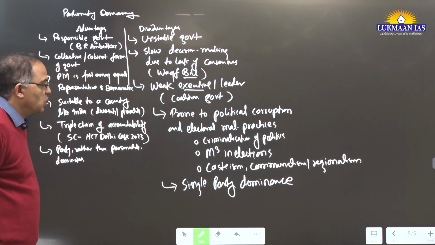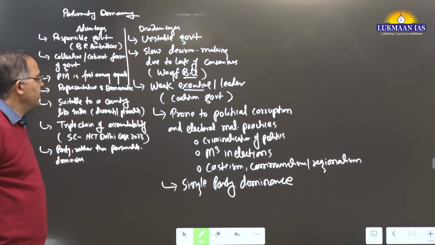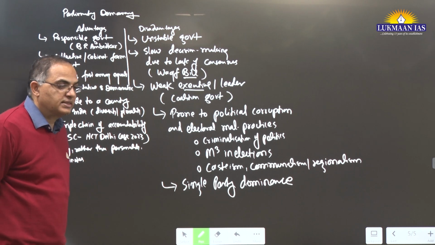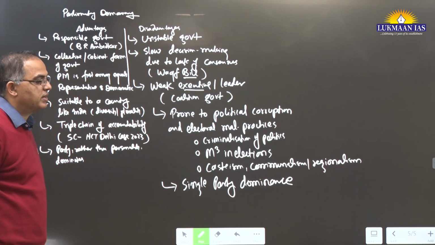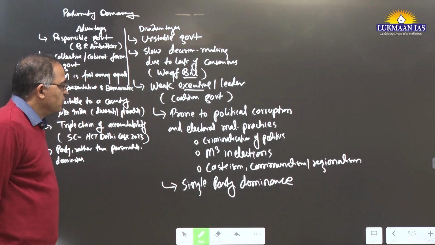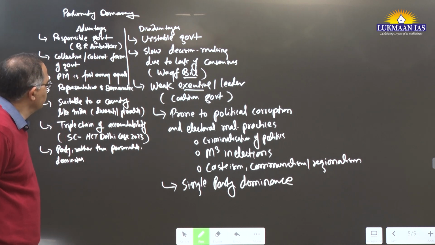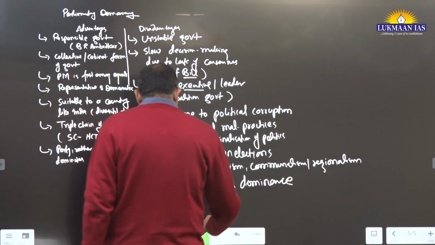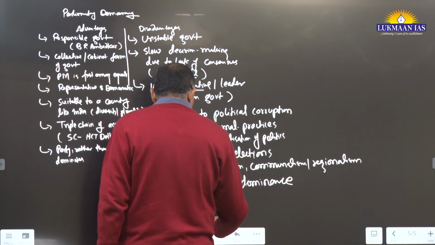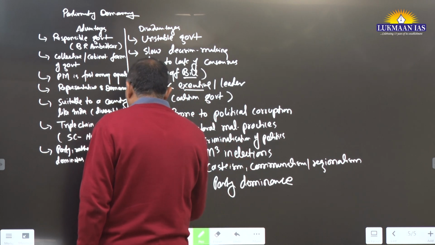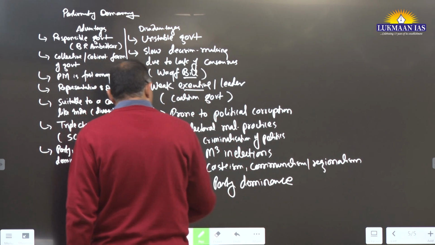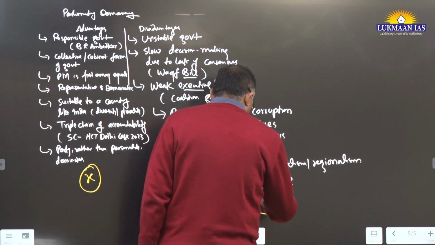Government may not be strong. Coalition government is prone to political corruption in elections, which I will elaborate on, and criminalization of politics, etc. These things will happen. Basically, let's name it for our analysis, so we can say it is X and we can say it is Y.